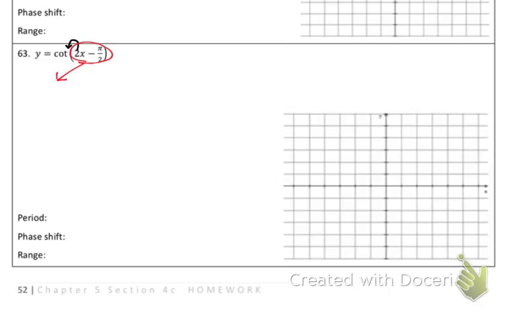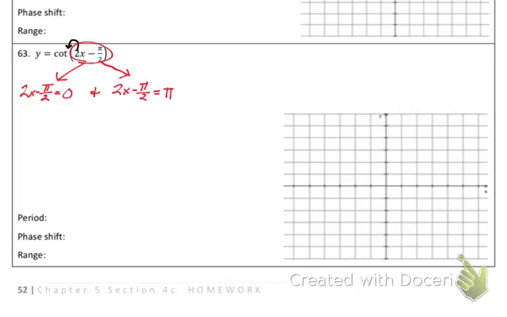I can say 2x minus pi over 2 equals 0, and 2x minus pi over 2 equals pi. And the good thing about that is I actually don't have to figure out what this value is going to be when I pull it out. I do for sine and cosine, because I have to know if it's getting shifted left or right. So I just know there's going to be a 2 out front of here.